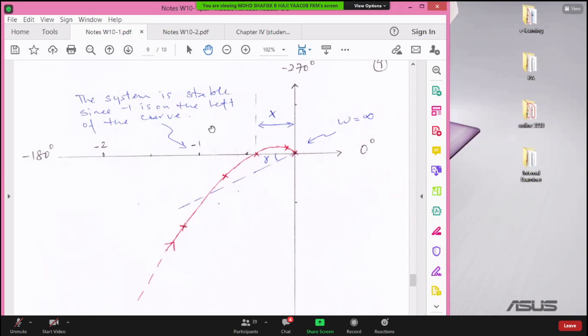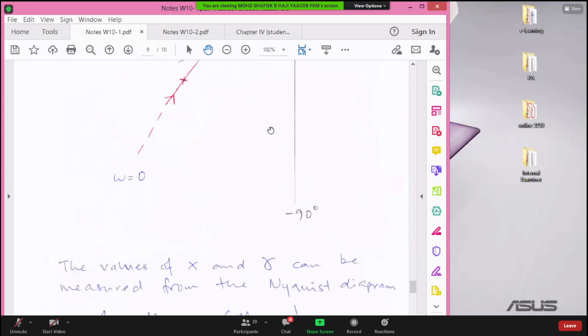The distance from the origin to that point is 1. And then you can measure that angle. That angle is our phase margin. You can also measure x to scale. So there is -1, there's 0.5. You can measure x, and then you can get the gain margin.